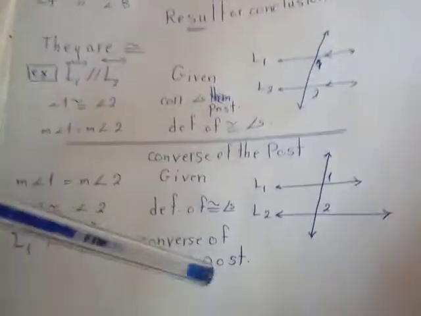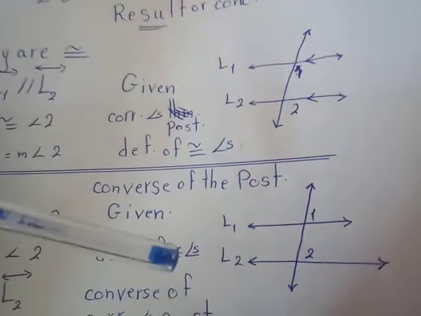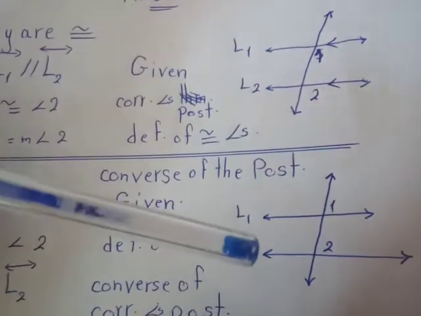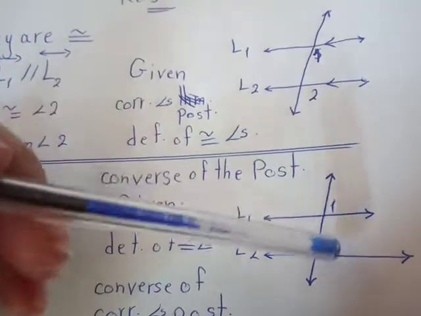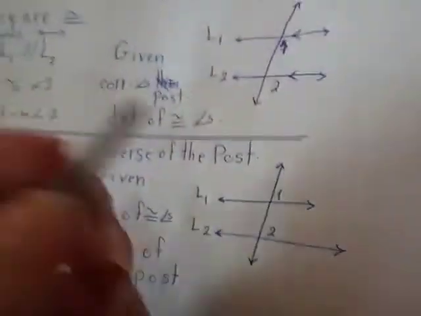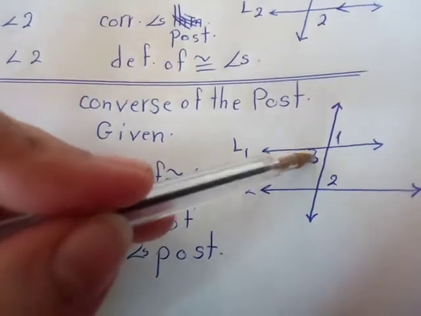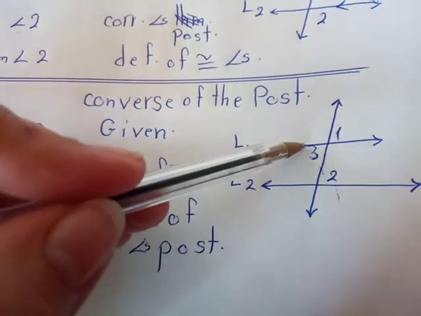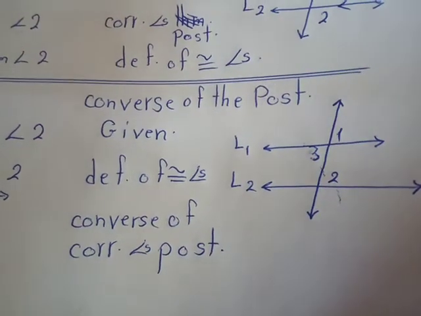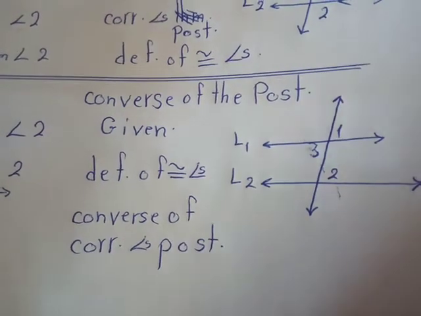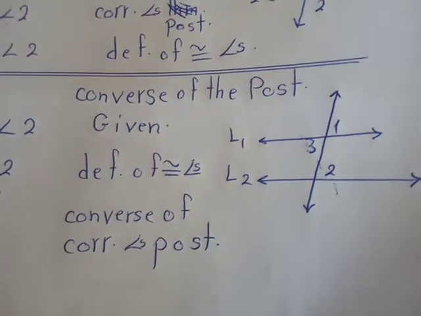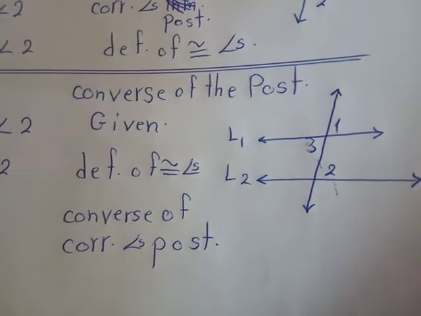But what is the converse of the alternate interior angles theorem? If I have, for example, angle 3 and angle 4, they are alternate interior angles, okay? And I will give you another piece of information. They are equal in measurement.